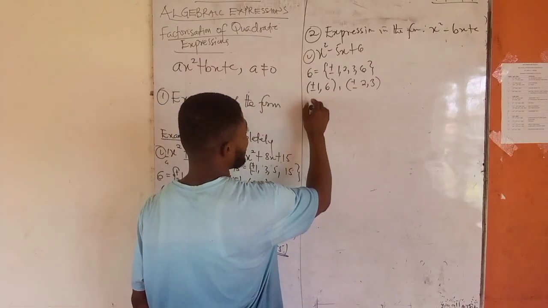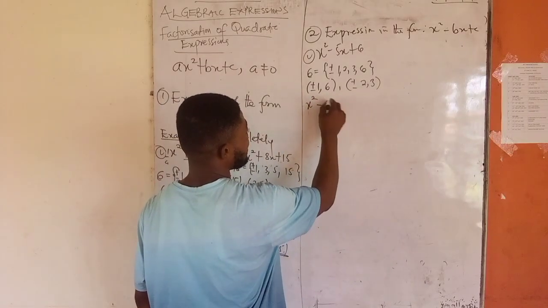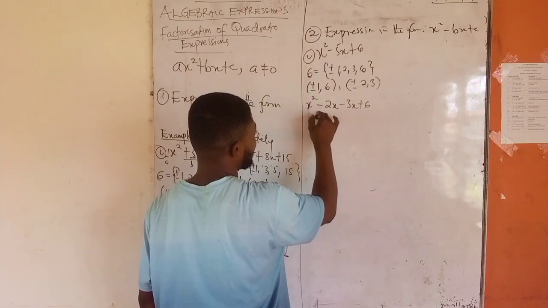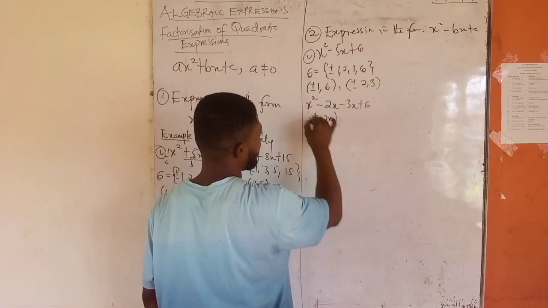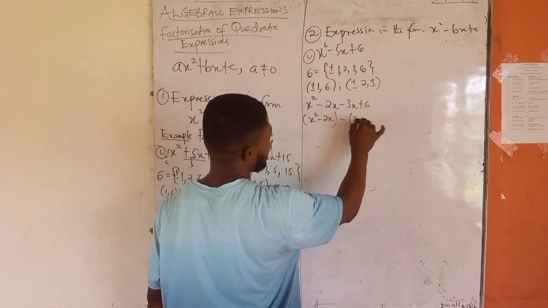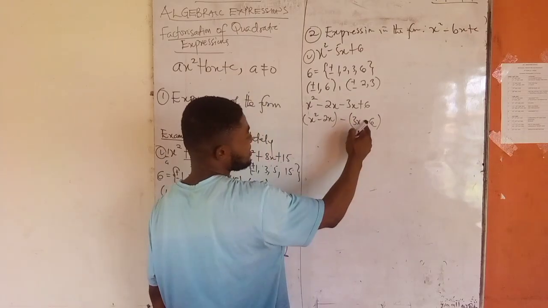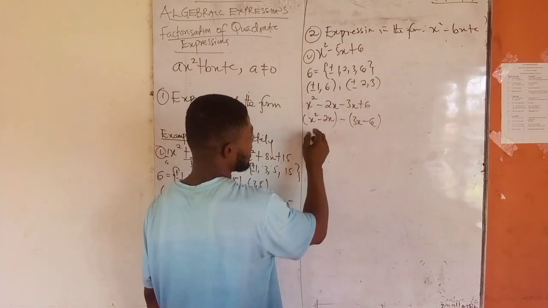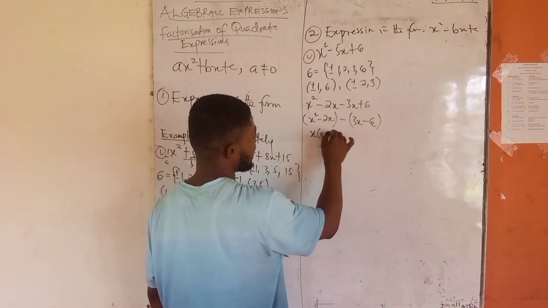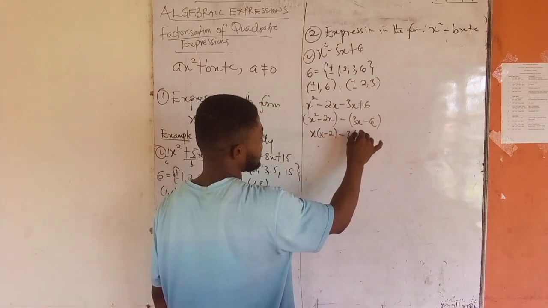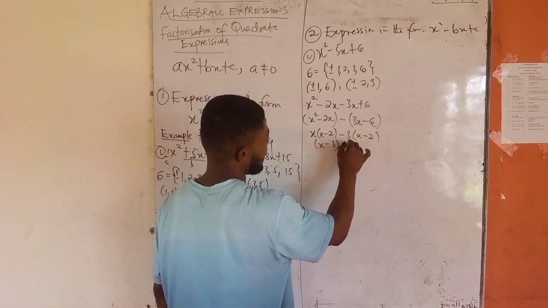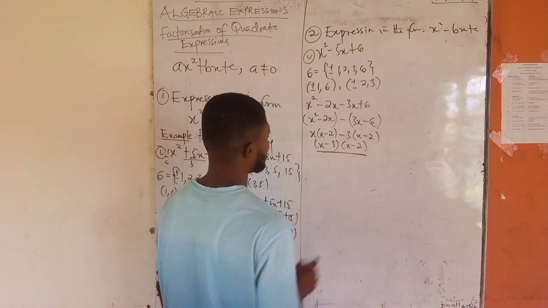So I'm going to have x squared minus 2x minus 3x plus 6. X squared minus 2x, all in one bracket, minus 3x plus 6. The reason the sign changes to minus is because when I multiply this by this, I have to get the plus here. So I have x into bracket x minus 2, minus 3 into bracket x minus 2. x minus 3, x minus 2.